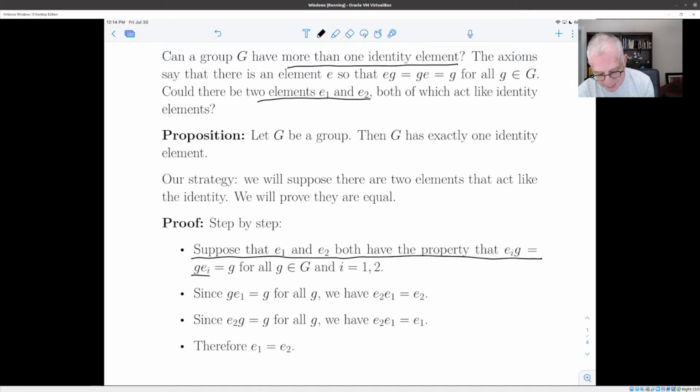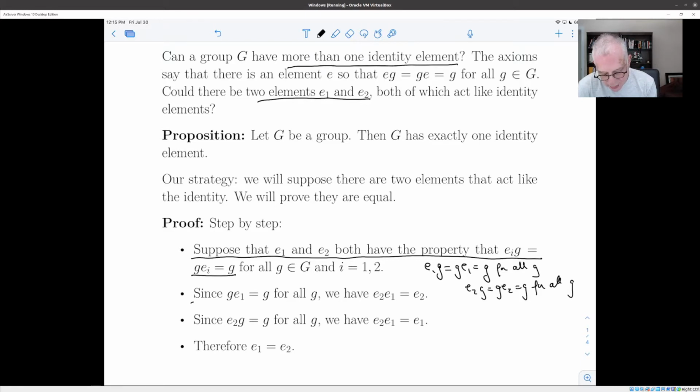That is to say, they both satisfy the equations E1 g equals g E1 equals g for all g, and E2 g equals g E2 equals g for all g. And let's see if we can use those equations to show that E1 is equal to E2. And the trick is to plug in E2 for g or E1 for g and see where that gets us.